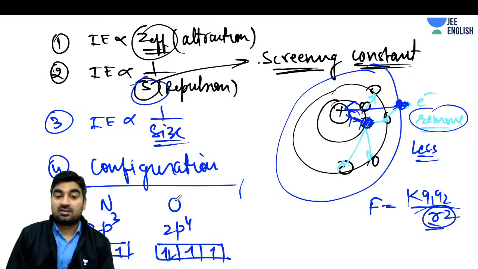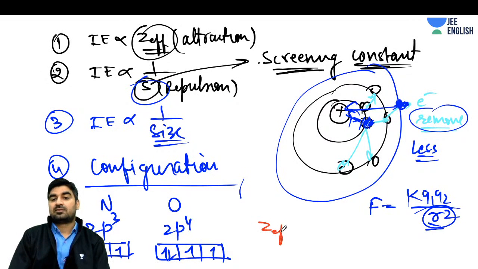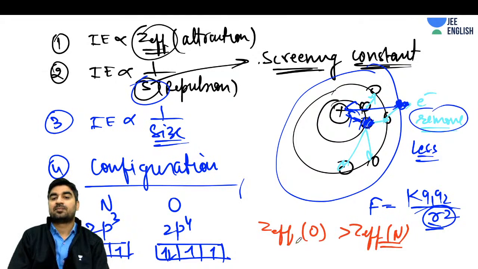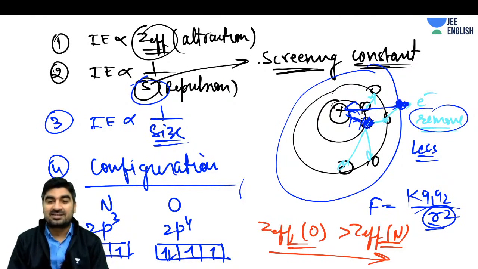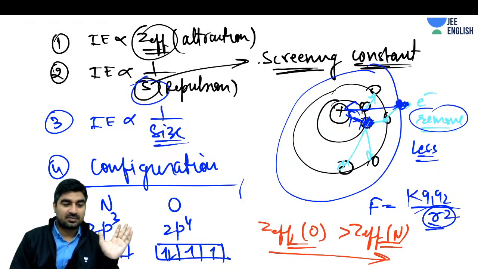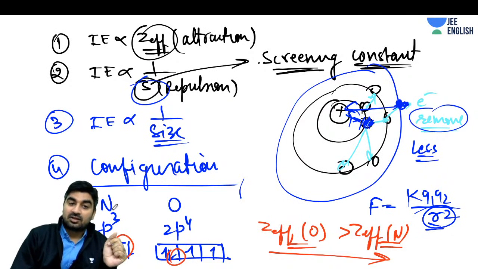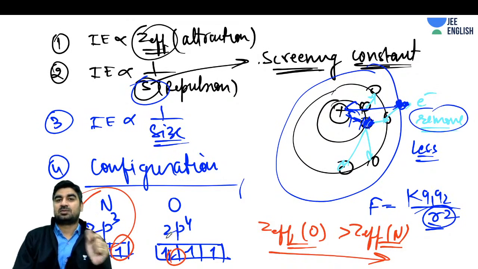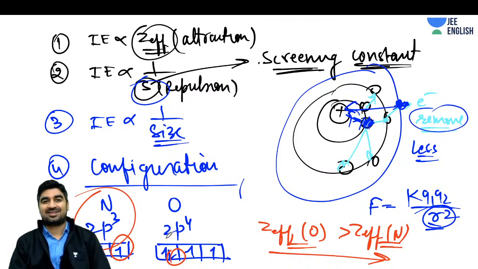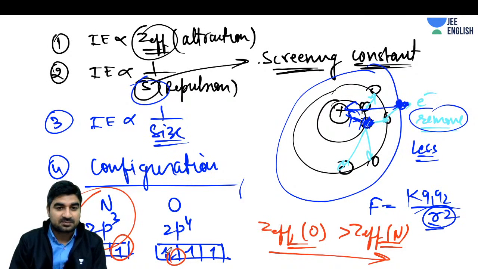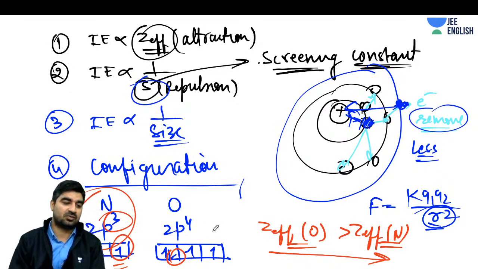If I ask you, Z effective on O will be greater than Z effective on nitrogen, because as we move from left to right, Z effective increases. But if I want to remove an electron from each, it will be difficult to remove from nitrogen. Why? Because nitrogen has an exactly half filled configuration. Got it?